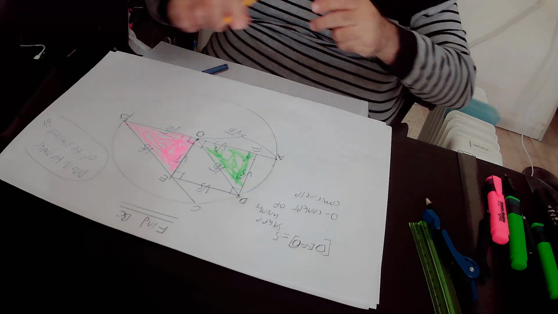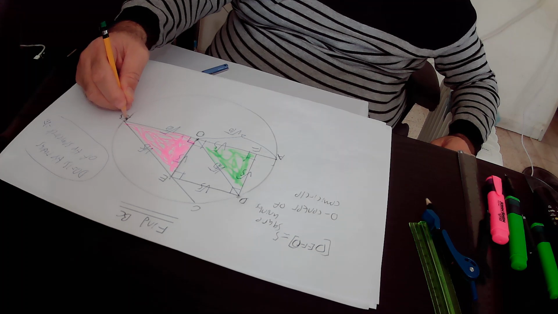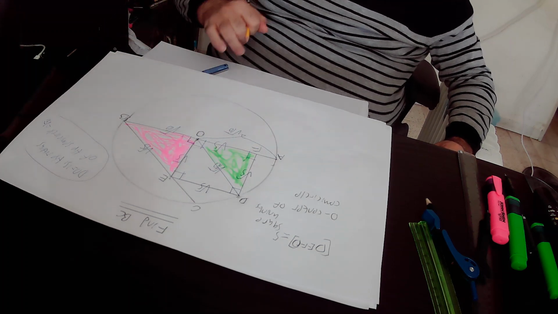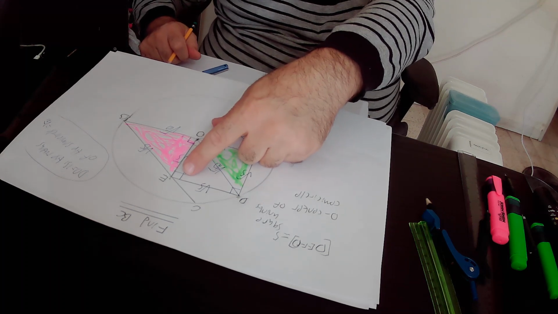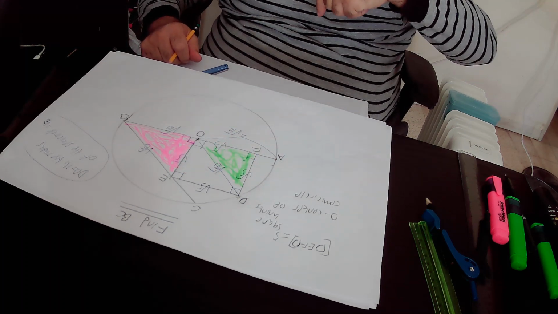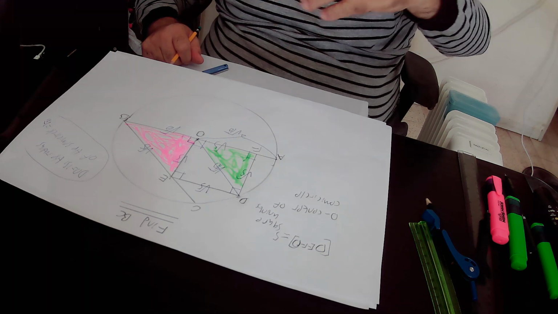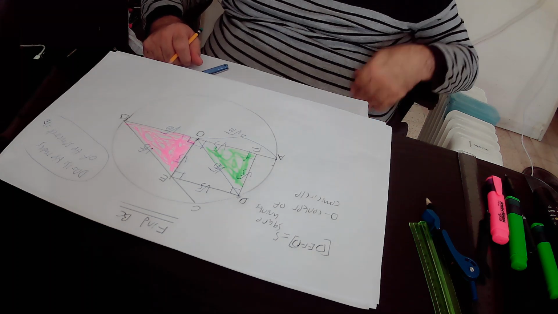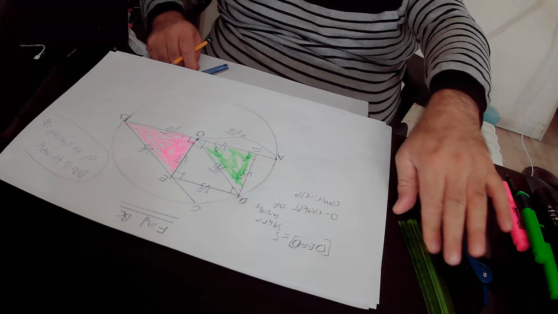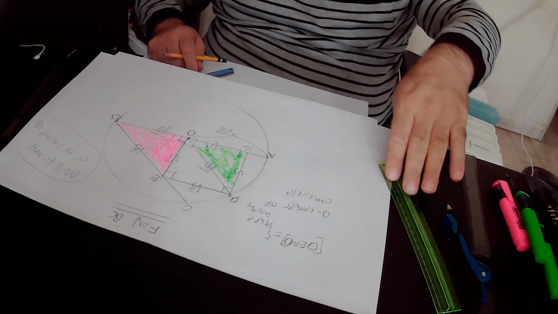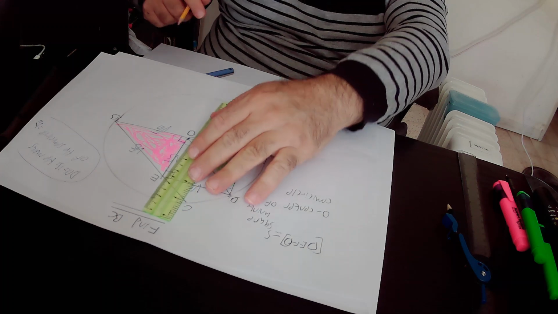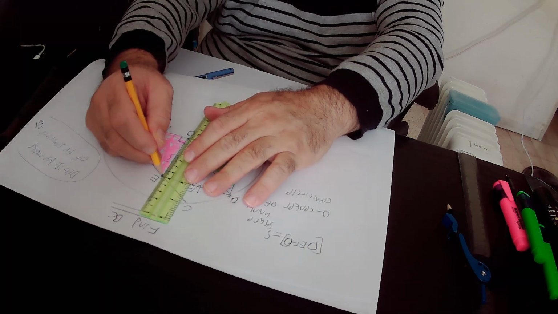So we actually completed this semicircle to a circle. In the next step, we'll extend line segment OE on both sides, in the upper side and also in the lower side. So here we will extend OE towards the upper side of the circle by a straight line until it touches the circle.